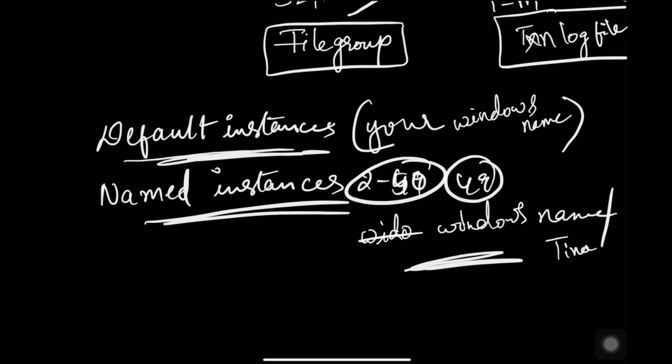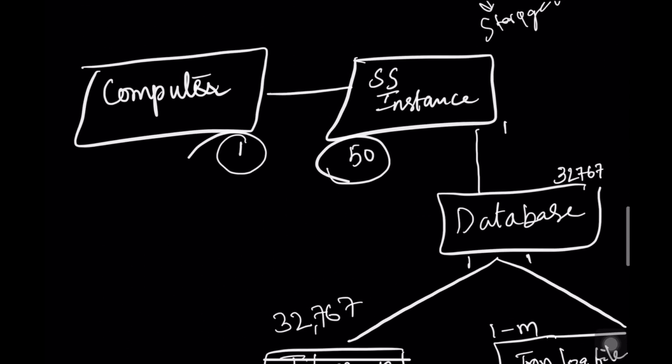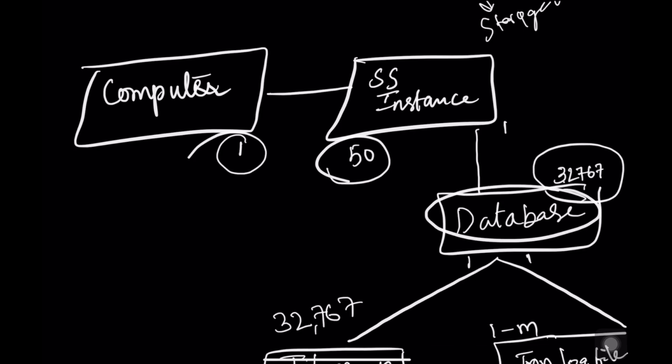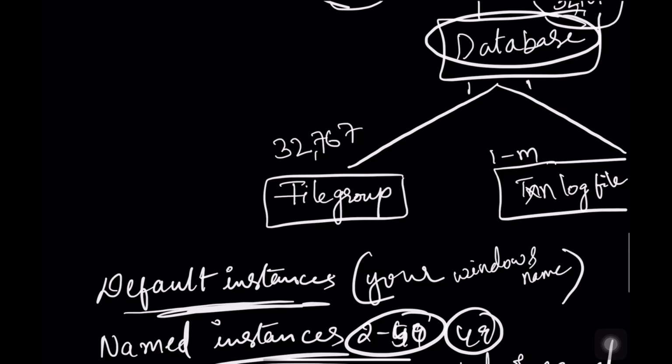Understand? Next, inside an instance you can have multiple databases. I said it's 32,767. These are your actual containers of data.